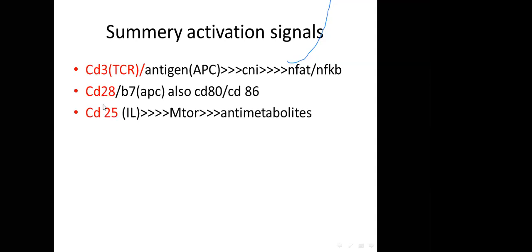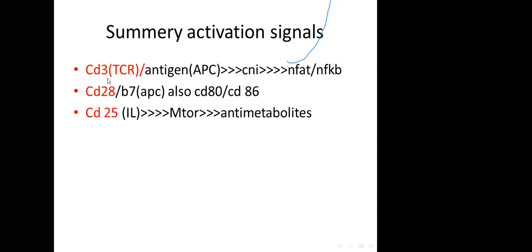And signal 3 is the interleukin secreted, which acts on its receptor, which is CD25. This stimulates what is called the mTOR signal, and the cell starts to divide, and this is the anti-metabolite target. Just to remember, if you subtract 28 from 3, it will be 25.